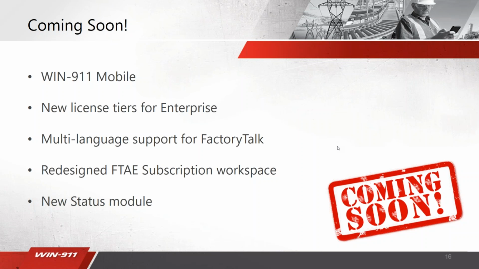What are the license requirements for WIN-911 when connecting to redundant FactoryTalk alarm and event servers? If you mean licensing requirements on Rockwell's end, I can tell you that if you're running WIN-911 on a machine, you don't need to buy anything extra from Rockwell to make that happen. You just need to put FactoryTalk services and install that FactoryTalk alarm and event software module, and then you can connect to an alarm and event server.